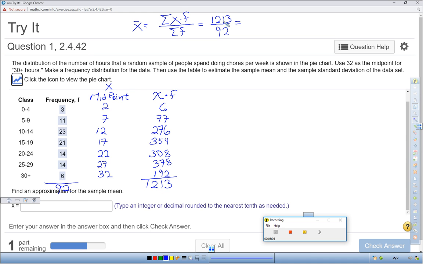Now using the calculator, divide those numbers. 1,213 divided by 92. My answer is 13.1847. Here it's asking to round to the nearest tenth. So nearest tenth is 1 decimal digit. So we round this one up by 2. So this is approximately 13.2. So this is the answer here.